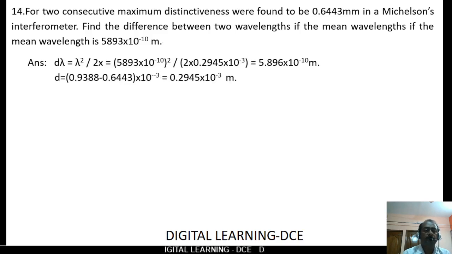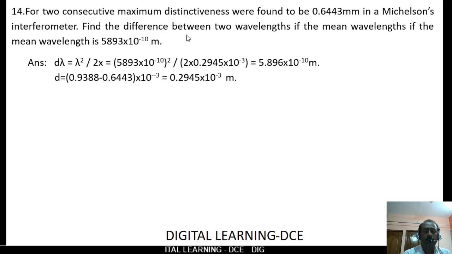For this one, you can use the formula d lambda equals lambda square by 2x. Here lambda is the mean wavelength, 5893 into 10 raised to minus 10 meter, is given. You can substitute here, that is whole square divided by 2 into x. X is the distance moved by the mirror, that is 0.2945 into 10 to the power of minus 3 meter.